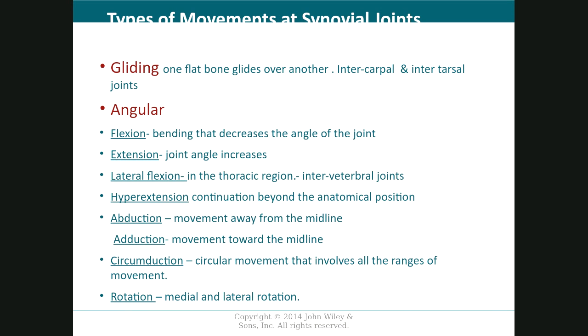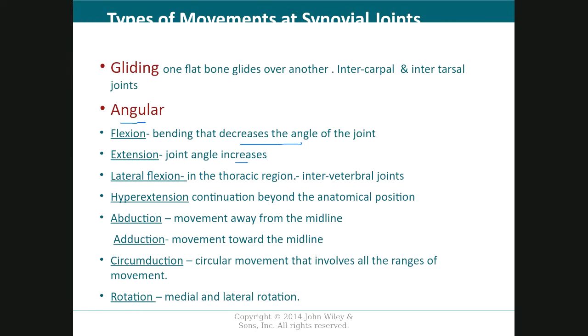Gliding means flat bones that just glide over each other. An angular movement, for example, includes flexion and extension. Flexion will decrease the angle of the joint. Extension will increase the angle of the joint.